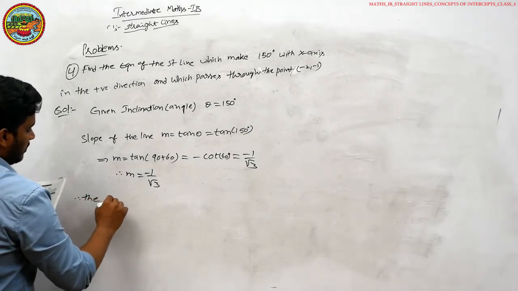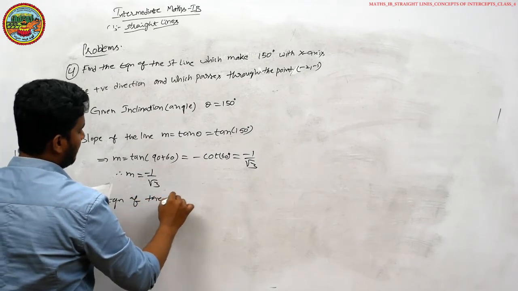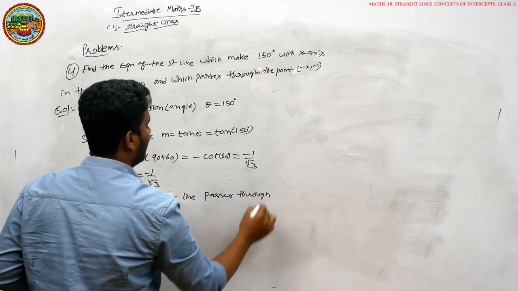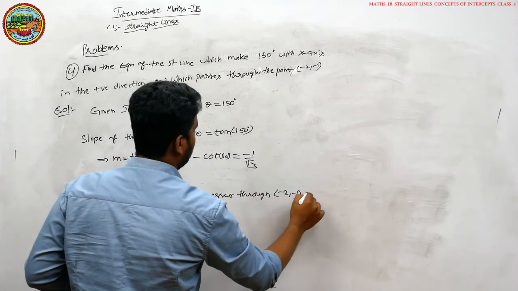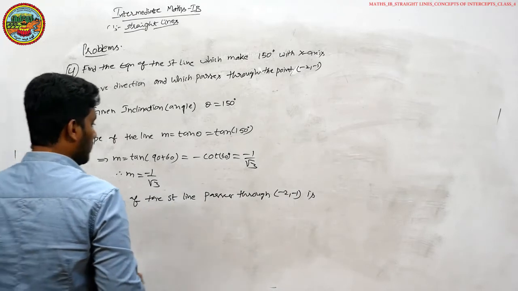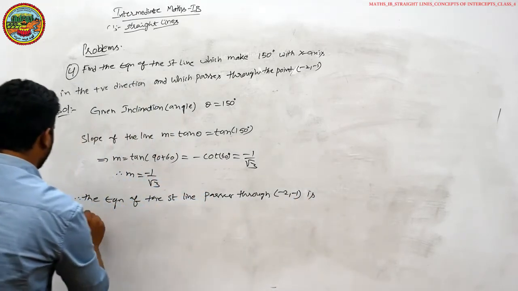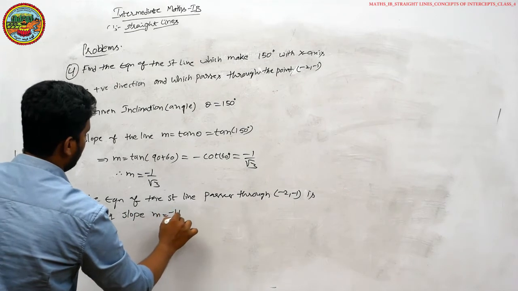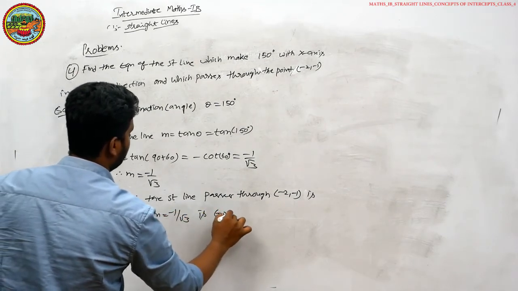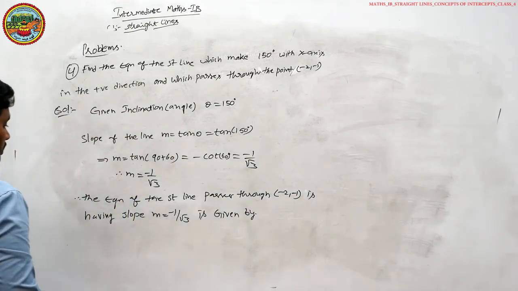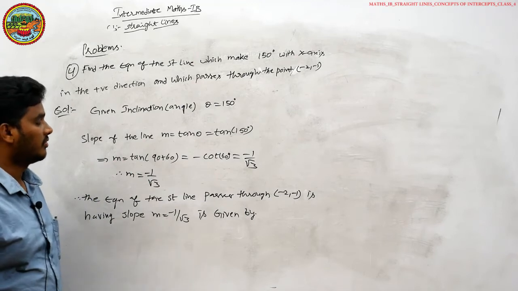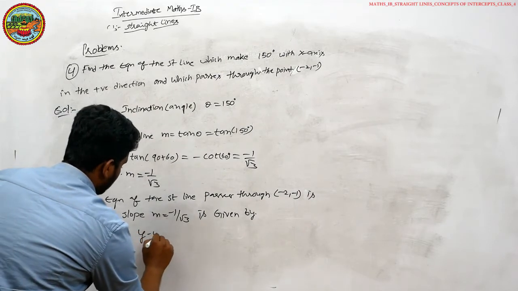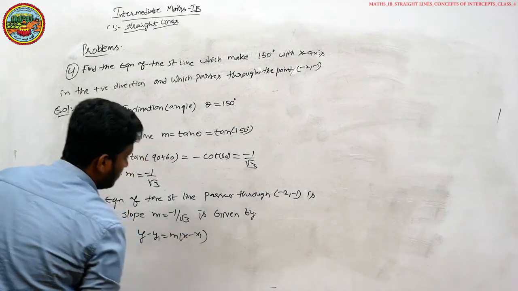Therefore the equation of the straight line passing through (-2, -1) having slope m = -1/root 3 is given by the slope-point formula: y - y1 = m(x - x1).